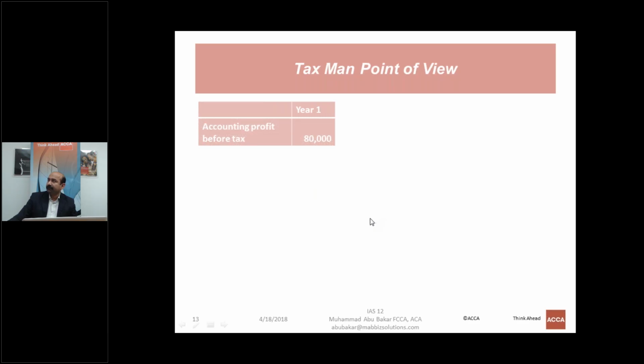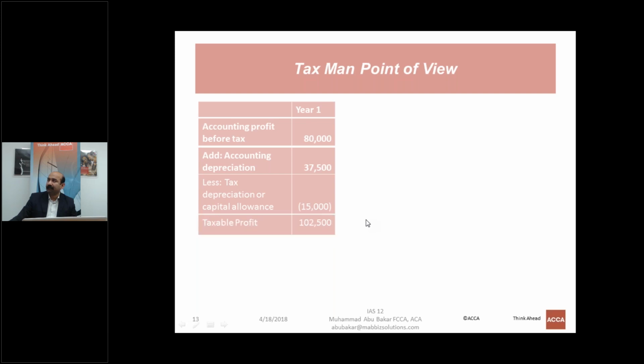In year 1, the tax person will reverse accounting depreciation, which in this example is 37,500, and reduce the profit with tax depreciation. This will give us taxable profits. When we apply the tax rate to these taxable profits, this will give us current tax.